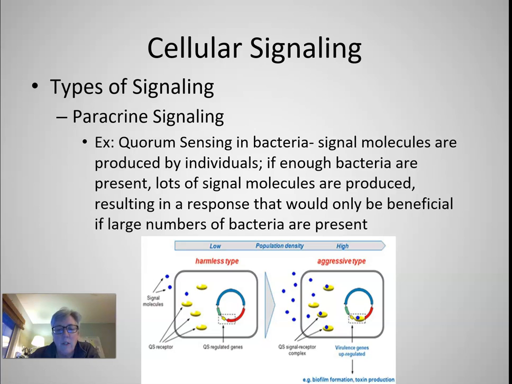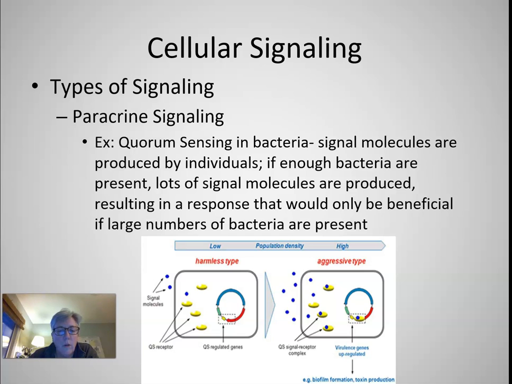Here's this example that actually was in that TED Talk that I said you should watch. You really should watch it. It's called quorum sensing. Signal molecules are produced by individual bacteria, but if there's enough bacteria there, lots of those signaling molecules get made and signals a response that's only helpful if there's large numbers of bacteria present.